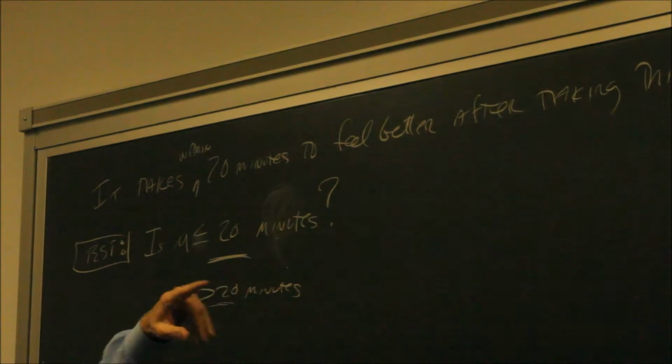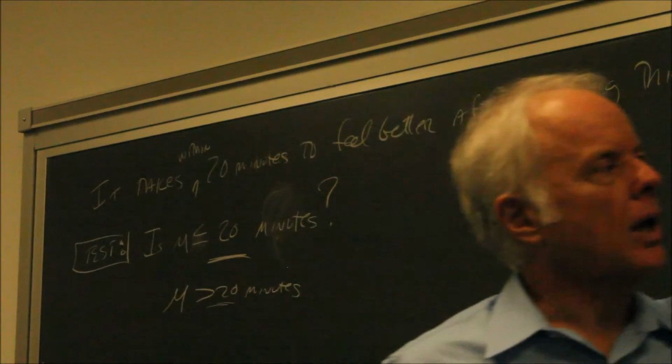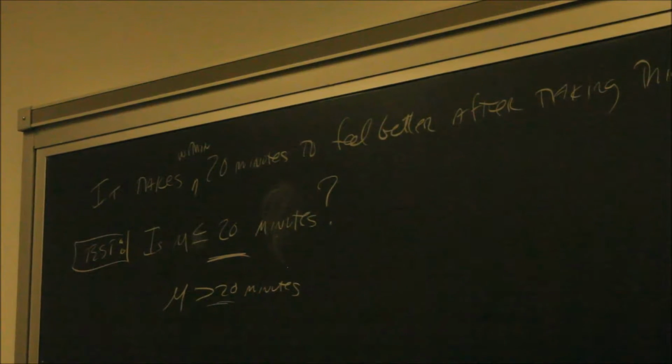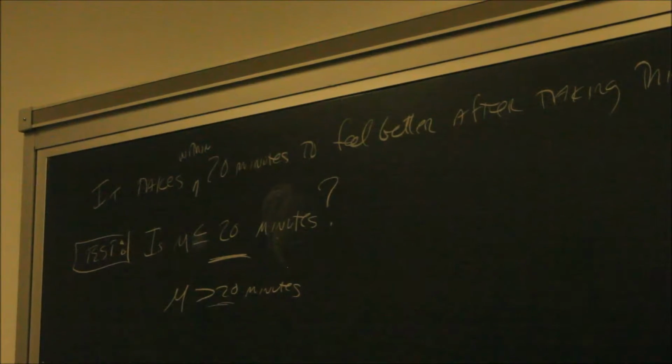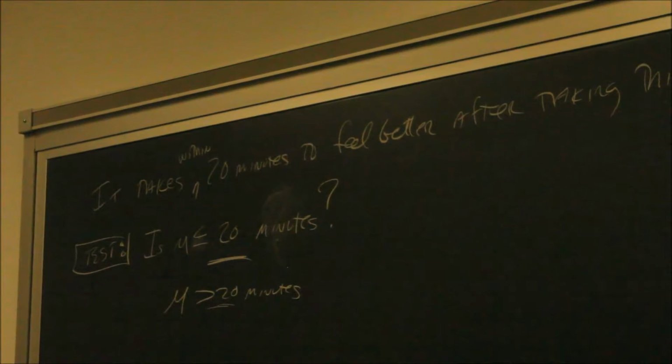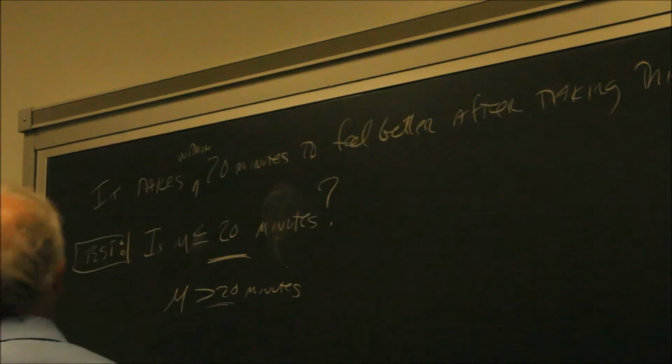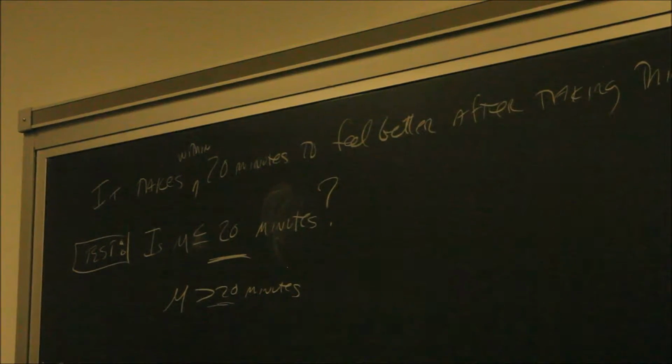All right, so now we have to go back over here and say, which one is the null hypothesis and which one is the alternate? And so, for statistics, a very important point as it relates to the null hypothesis, H0.